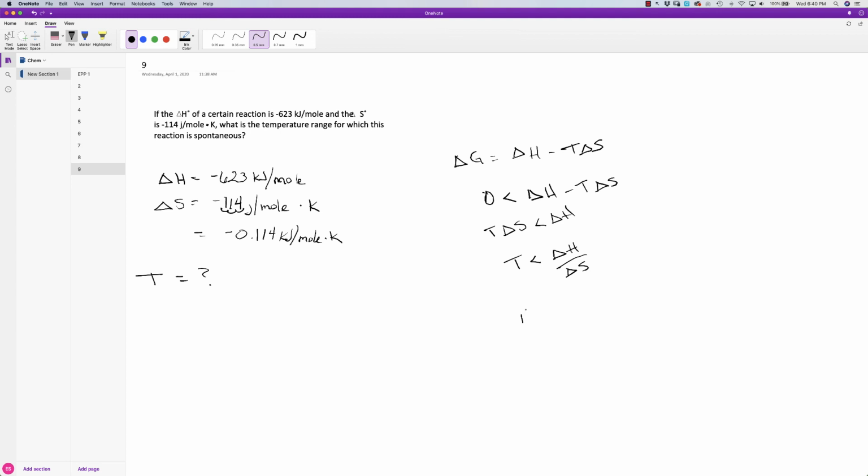T is less than our enthalpy, negative 623, and our entropy is negative 0.114. Do our math.